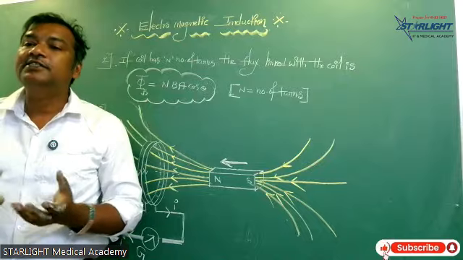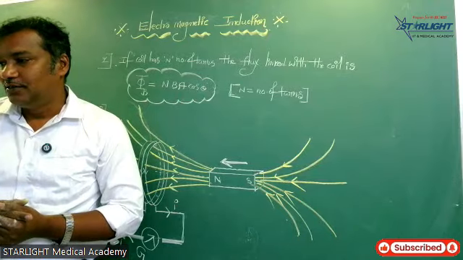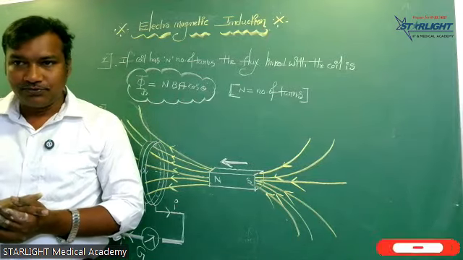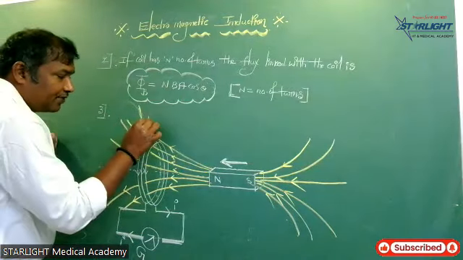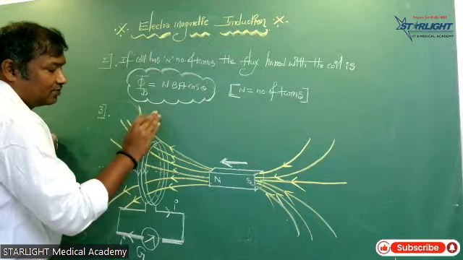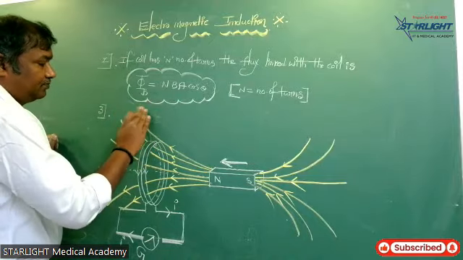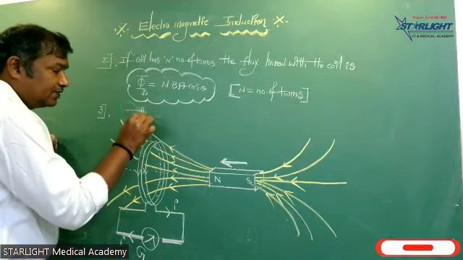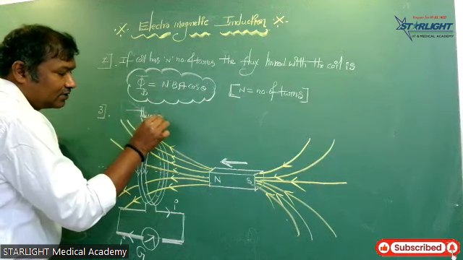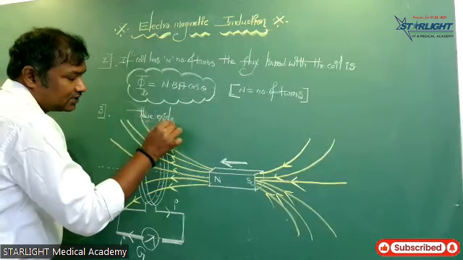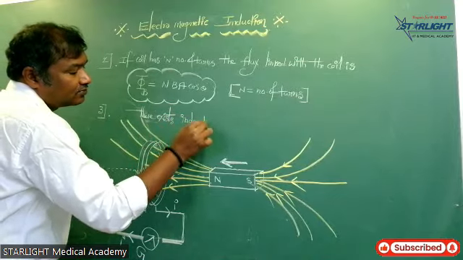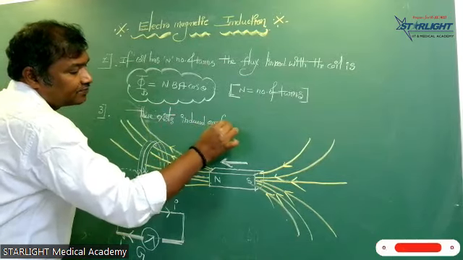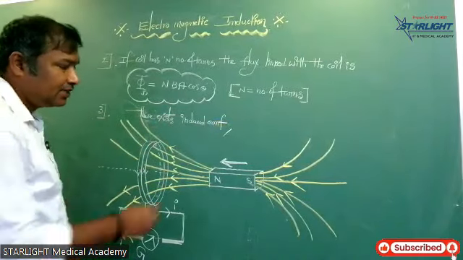Magnetic lines తోటి ఎలక్ట్రిసిటీ ఎలా జనరేట్ చేస్తాం అనేది నేర్చుకుంటున్నాం. ఓకే, ఇప్పుడు నేనేం రాస్తున్నాను చూడండి. Whenever there exists induced EMF, first induced EMF is generated.